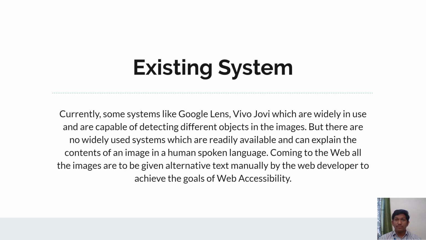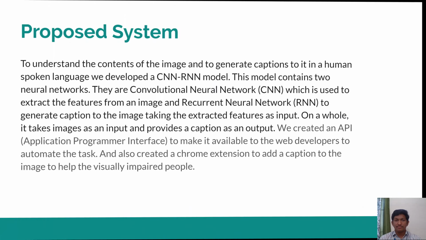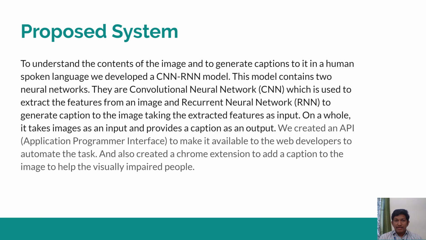So the proposed system: we created a CNN-RNN model. This mainly has two neural networks. The first one is a convolutional neural network, and the second one is a recurrent neural network. The CNN is used to extract features from an image. It extracts features from a given image and represents them in a format that is small and very useful.